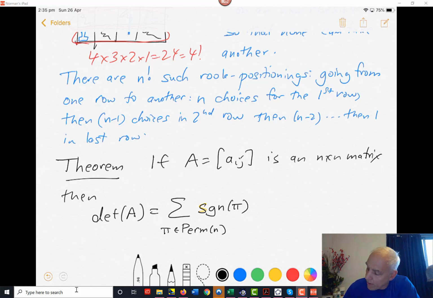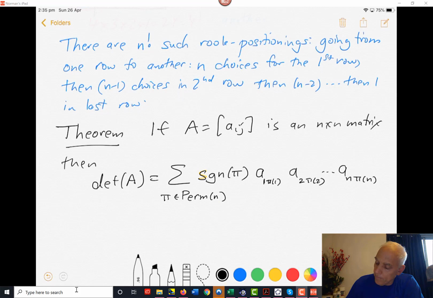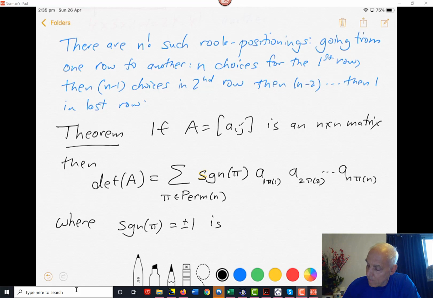And then the terms all look like this: A1 pi 1, and then A2 pi 2, all the way up to An pi n, where sign of pi, which is either plus or minus 1, is the sign of the permutation pi.